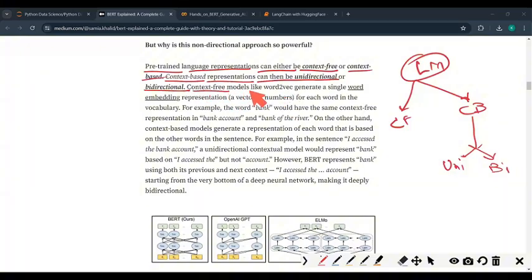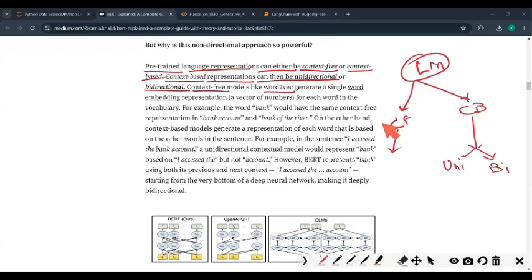And context-free models like word2vec generate a single word embedding representation for each word in the vocabulary. What is context-free saying? Context-free is saying that whenever I have to look at a word and do something with it, I don't care about the surrounding words.